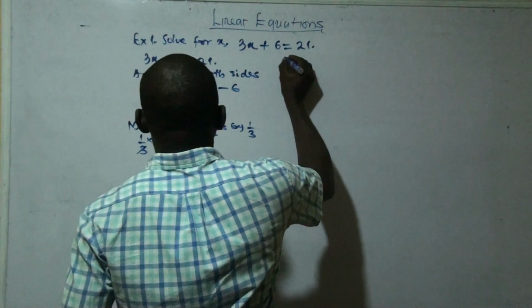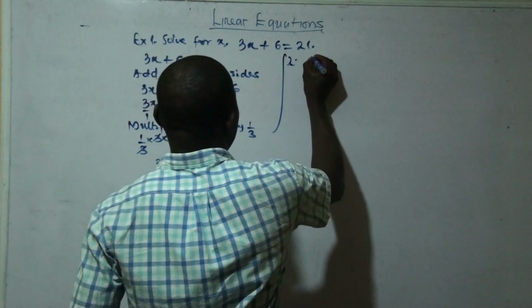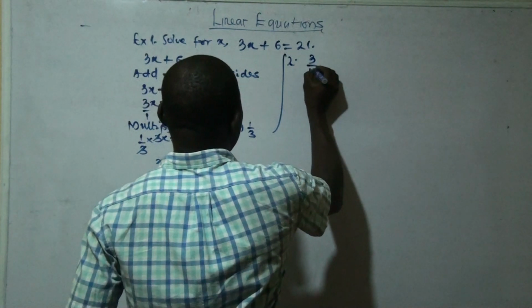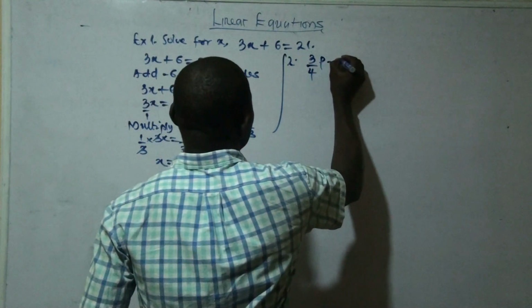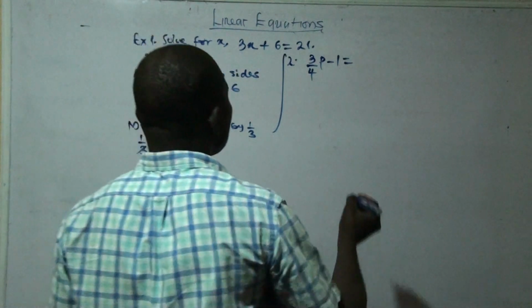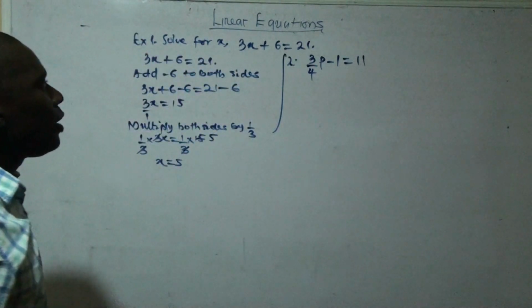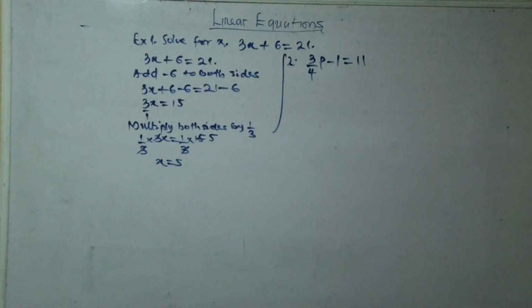Example 2. It says solve 3 over 4 p minus 1 equals 11. We should find the value of p in this situation.